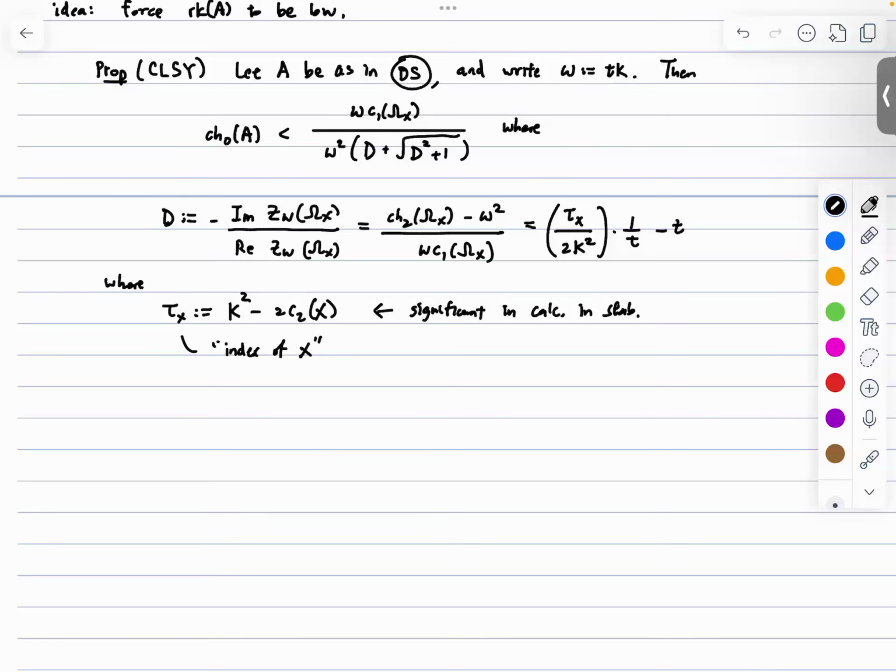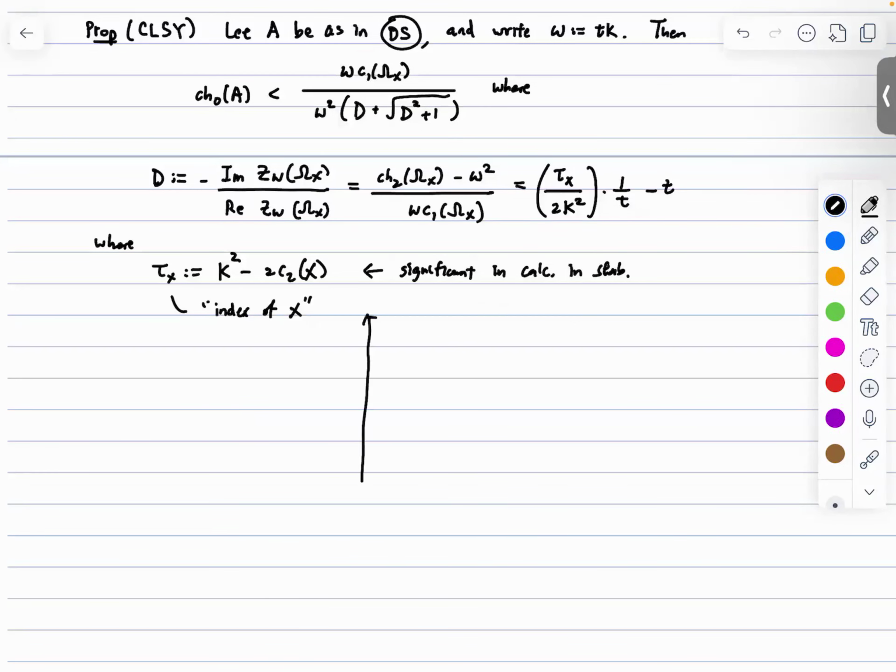And the way it's related to the geography of surfaces of general type is as follows. So this picture will be familiar to some of you. If we focus on minimal surfaces of general type, then we have this picture.